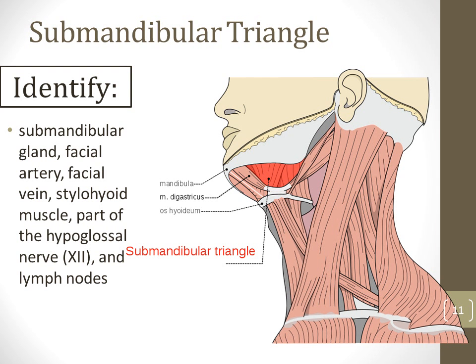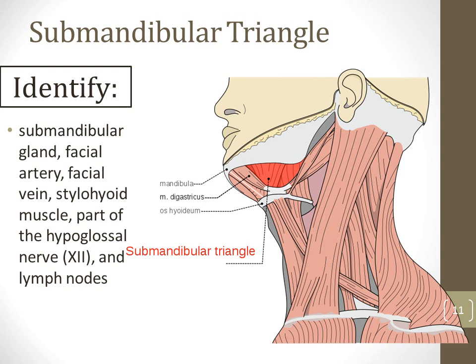Moving on to the submandibular triangle, there are several structures of interest in here that I have listed. We will see if we can go through some of these for you, and then look at the boundaries here. So the superior boundary is going to be the inferior border of the mandible. The anterior-inferior boundary, you can see here, is the anterior belly of the digastric muscle.